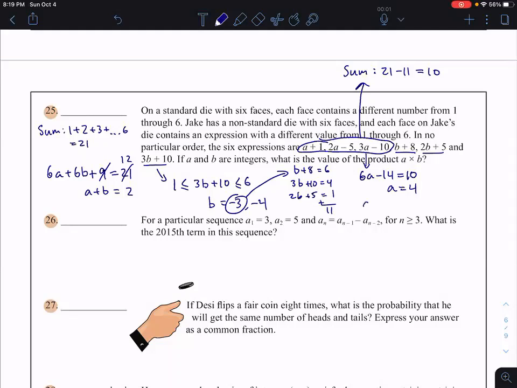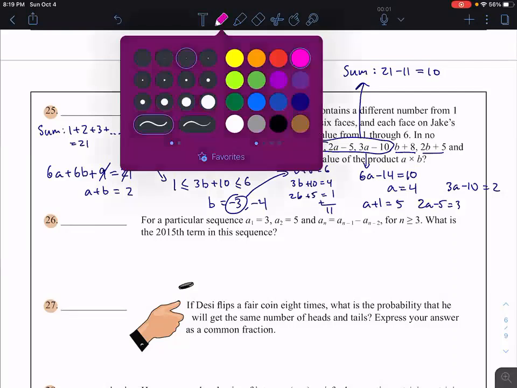So a plus 1 will be equal to 5. 2a minus 5 is 3. And then 3a minus 10 is 2. Okay.